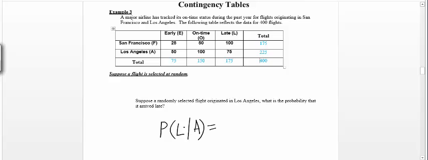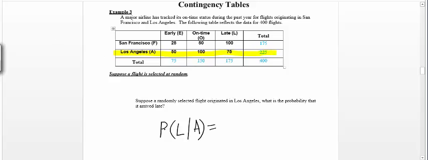Now, we could follow the conditional probability formula, but with these contingency tables, there's an easier way to calculate these. Focus on the given information. A is given. That is from Los Angeles. We're going to limit all of our calculations then to the given information. So I'm going to highlight it. We're going to ignore all the other numbers that aren't highlighted in yellow.